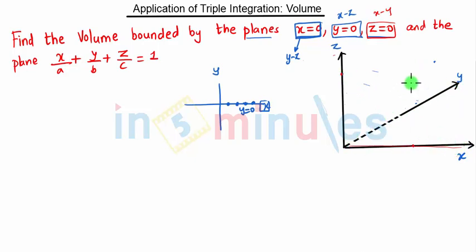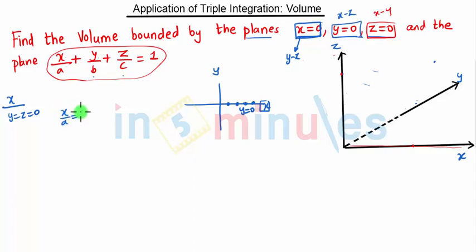So we have to consider all the three planes and this plane. As you can see, this plane has x, y and z terms. So this plane will intersect the x-axis, y-axis and z-axis at some point. To find the point on the x-axis, we will put y and z equal to 0. When we put y and z equal to 0, we get x by a equal to 1. So x is equal to a is the point on the x-axis.